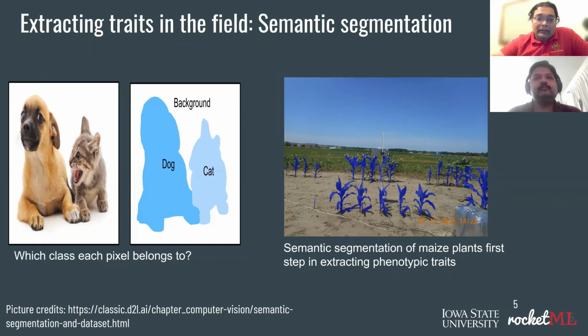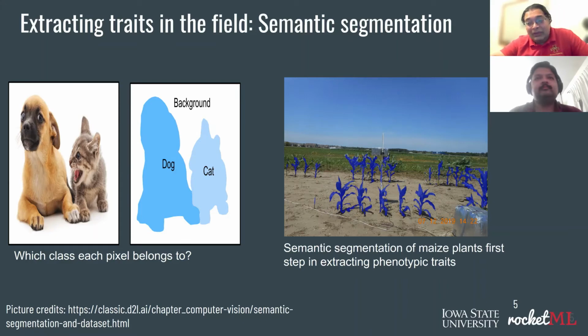Without going too deep into this and reiterating what has already been talked about, you're given an input image, and you go pixel by pixel and label what class each pixel belongs to.